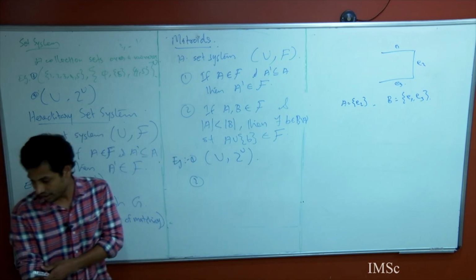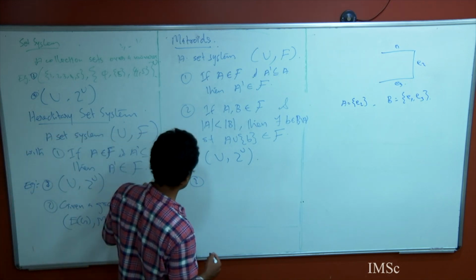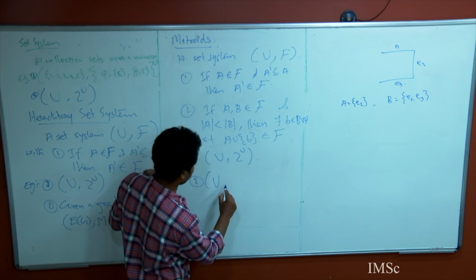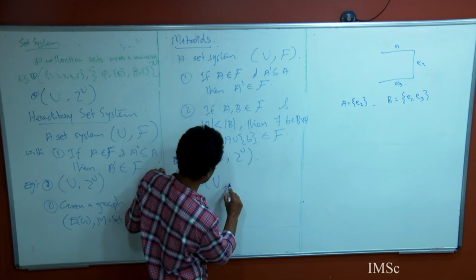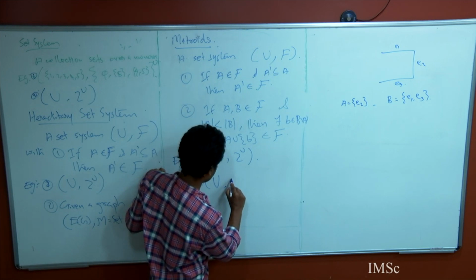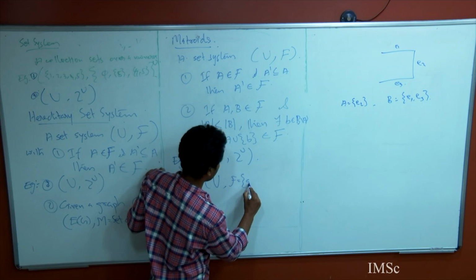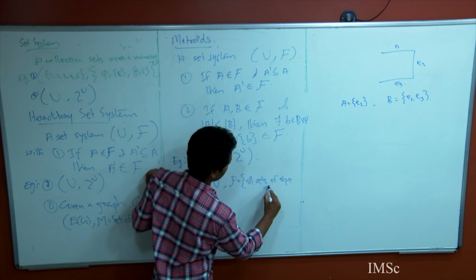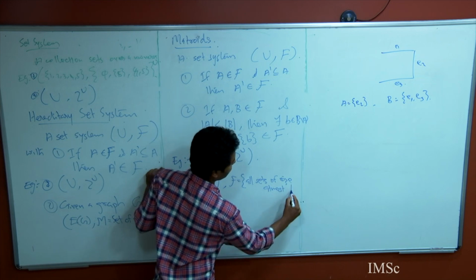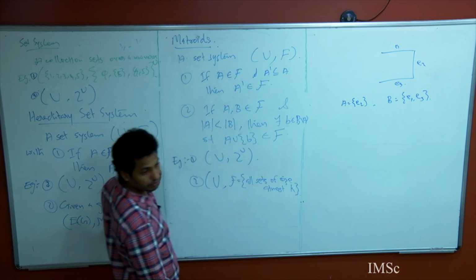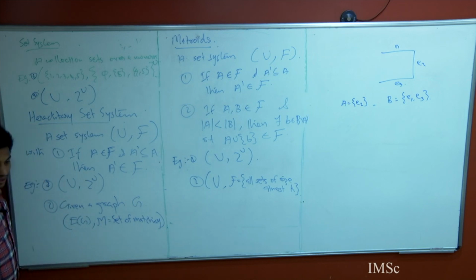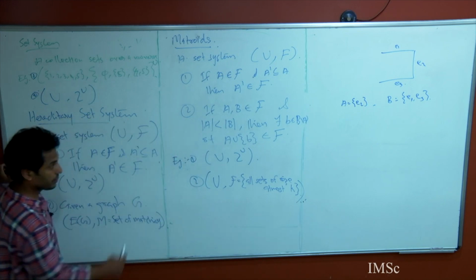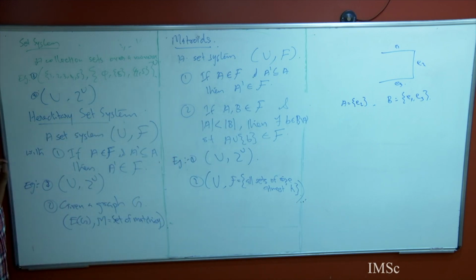Now let's see another example. A universe U, and this is also one simple example, and the family is all sets of size at most k for some positive integer k. Does this satisfy the first property?